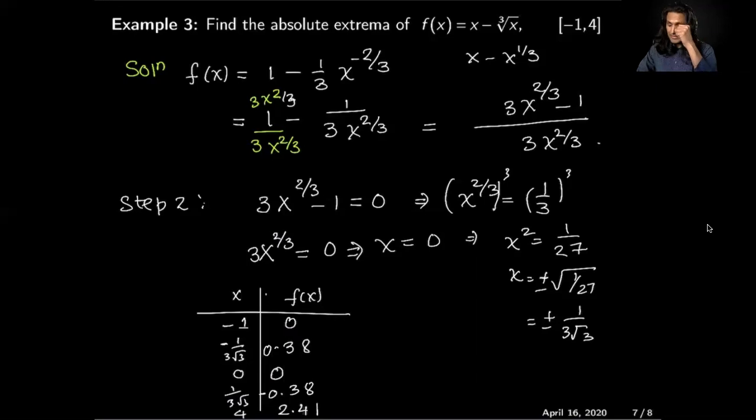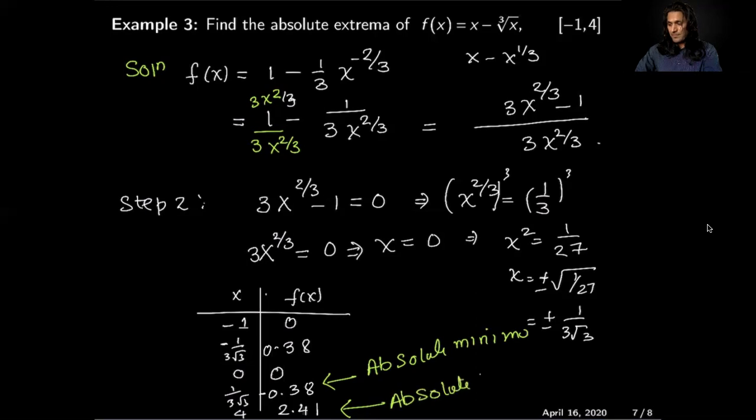So as I can see, this is my largest value of the function, and this is my smallest value. So this is the absolute minimum, and this is the absolute maximum value of the function.